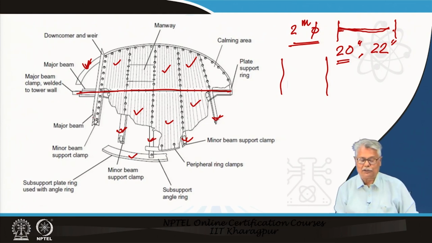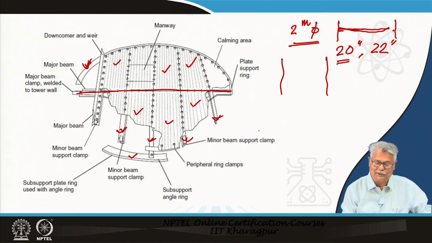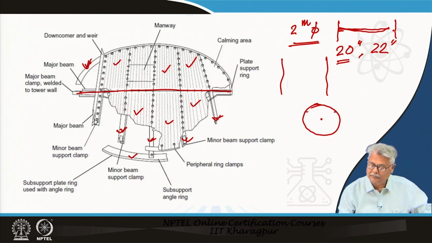Now, you have a very interesting situation here. Suppose I have a downcomer which has to be placed. If I look at the tower, its center is here and I require a downcomer to be placed here. I cannot afford to have any leakage across this.